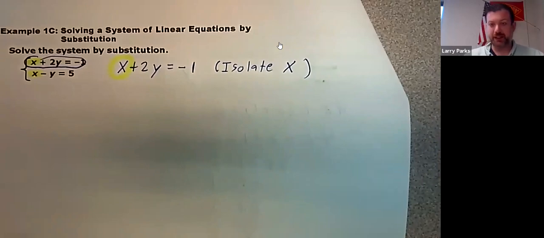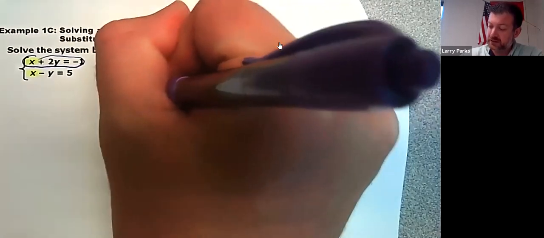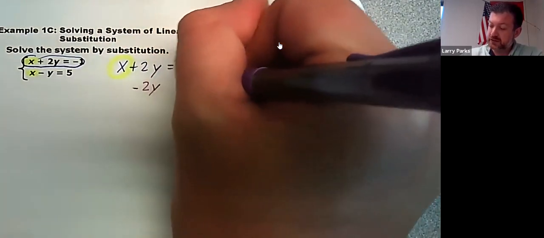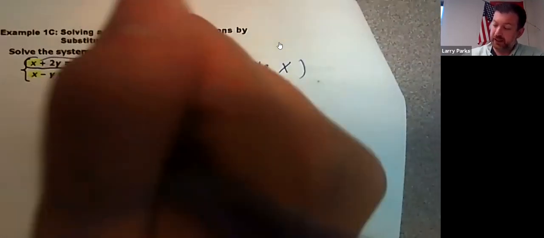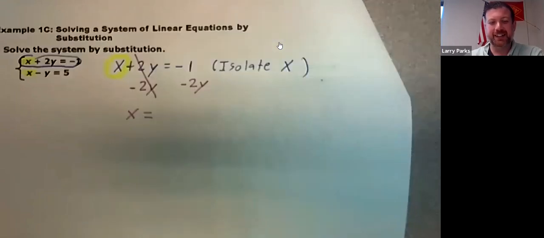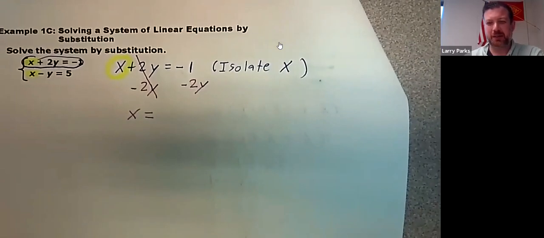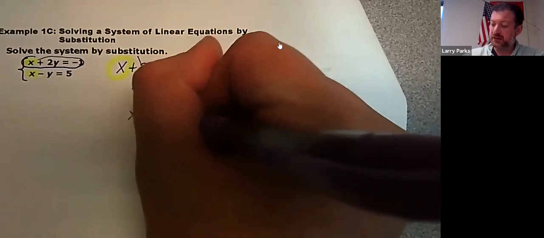Now this one's really easy. I just subtract 2y from both sides. And I get x, which is isolated now, is... And I like to put my variable first. I'm going to put negative 2y minus 1. So that's standard form.